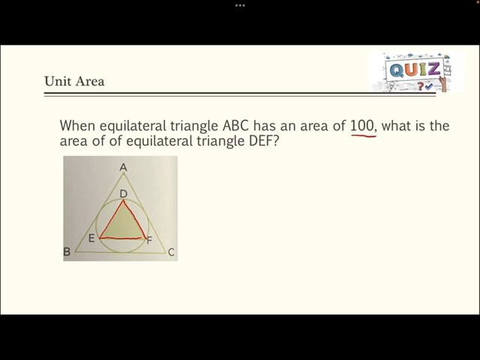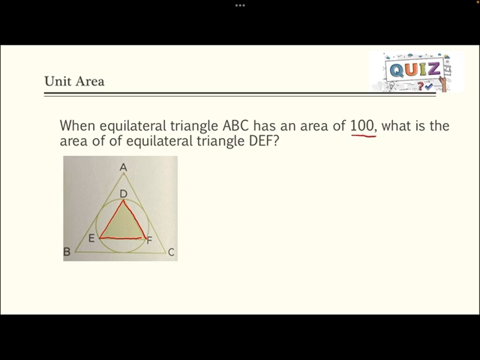When we first look at this question, it seems a little bit hard to break down because we only know the big one, but what's the relationship between the big one and the small one? We don't know. They also didn't tell us the base or the height of the small one, so we cannot use the formula, and we also cannot use the sum or the subtraction because there's no intersection between the small one and the big one.